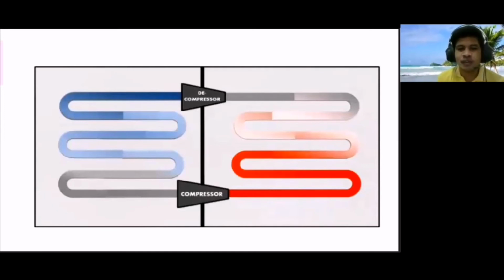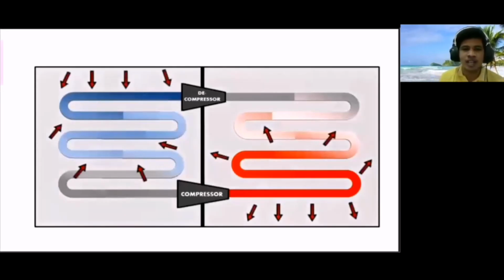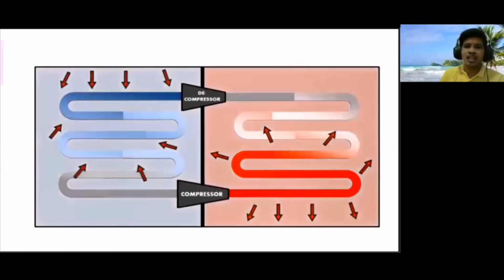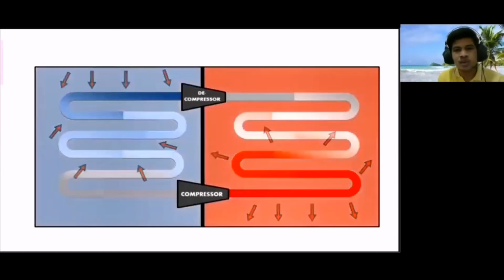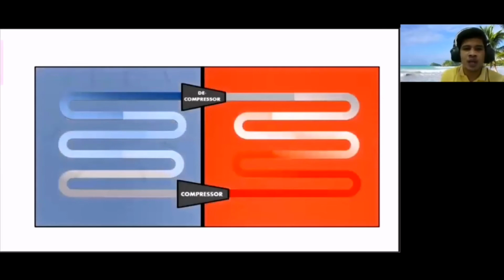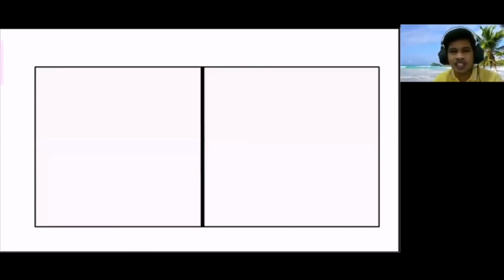If we do this again and again, compressing the air and the gas and then decompressing to make it hot and cold, we can make room number 2 hotter and room number 1 cold. So eventually we will have a hot room and a cold room. What we actually did is pump the heat from room number 1 and bring it to room number 2.